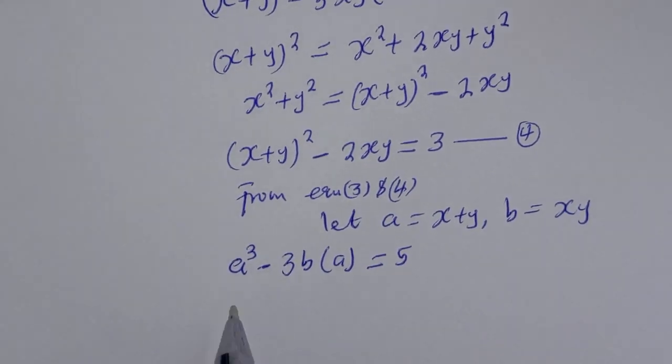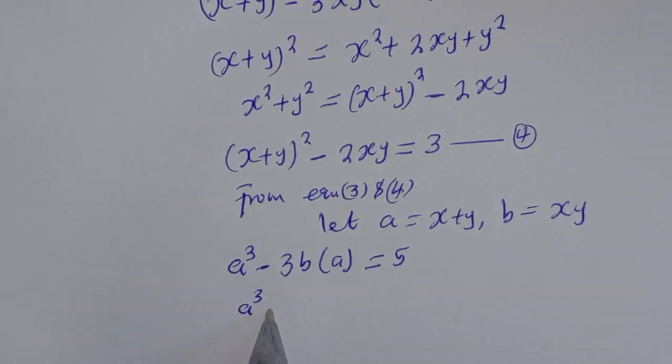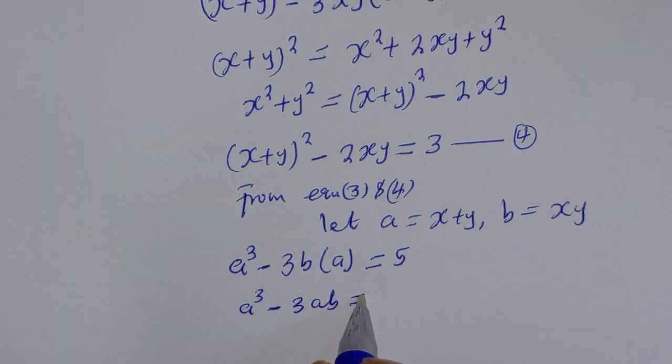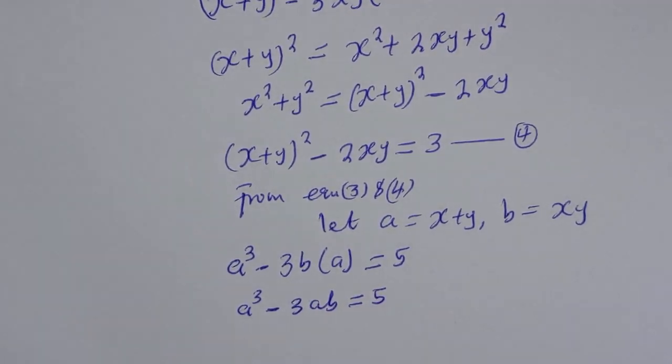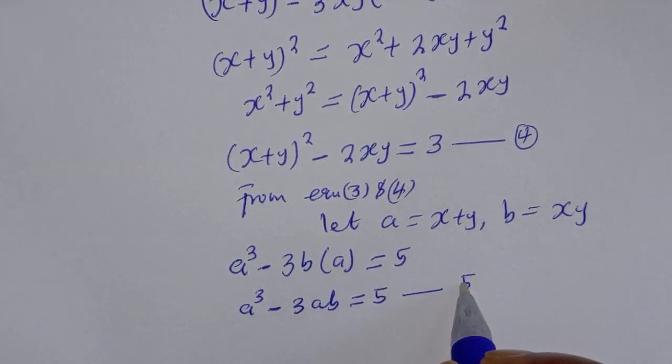Then this is A raised to power 3 minus 3AB is equal to 5. Let's call this our equation 5.